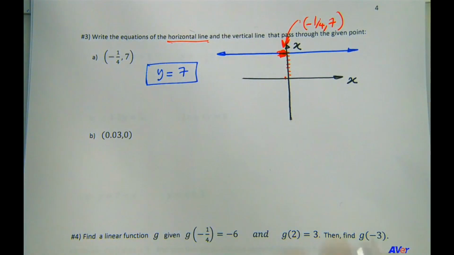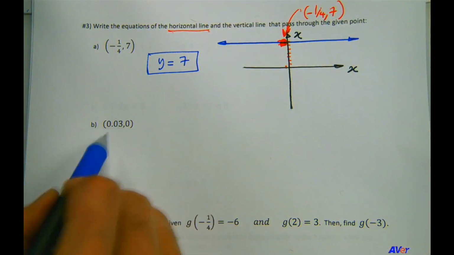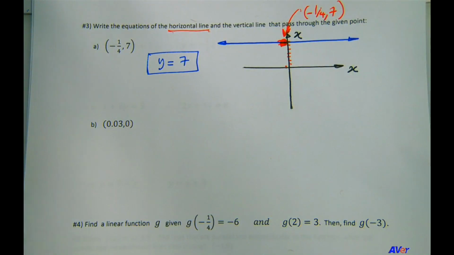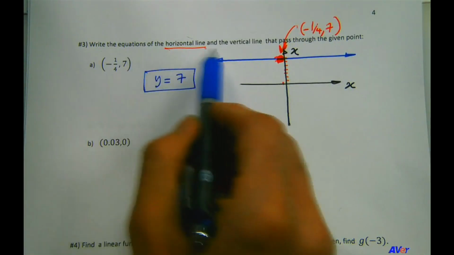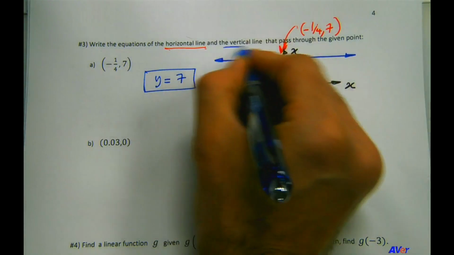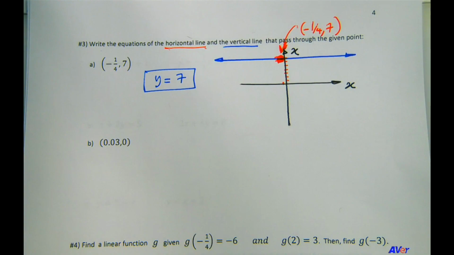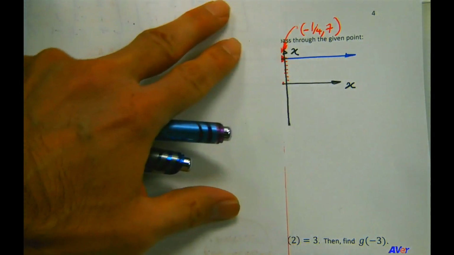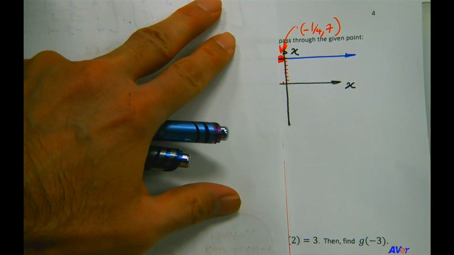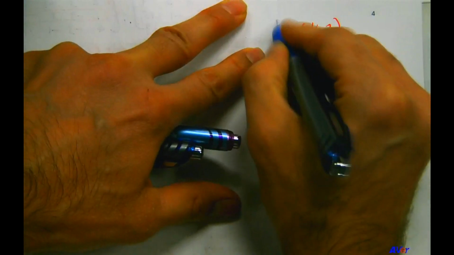Okay. Now this one, let's find this point. Oh, they say also write the equations of the horizontal line and the vertical line. Okay, so let's do that. That means if a vertical line is going through that point, it's going to have to look like this, right?